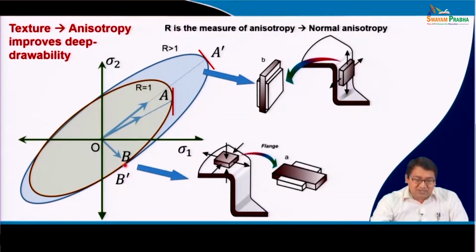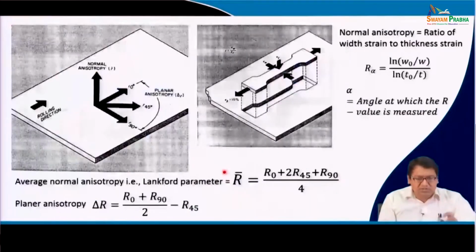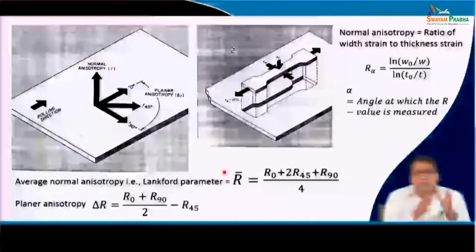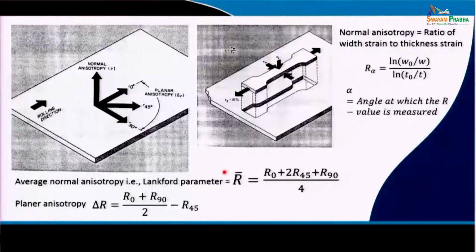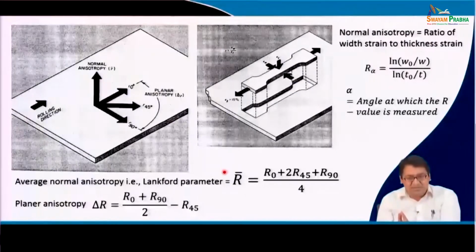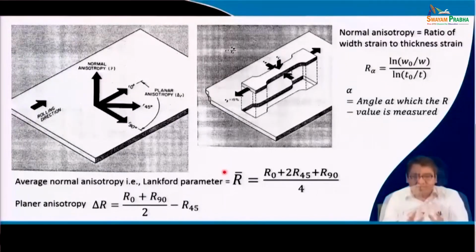Whereas in the B region, which is B dash, it is almost the same, and therefore the flange region, which is subjected to tensile and compression, that is a shear type situation, is not affected. So, you see that increasing R will lead to higher deep drawing ability.